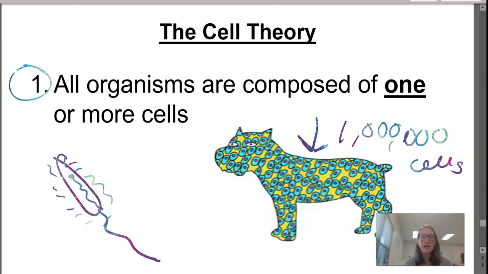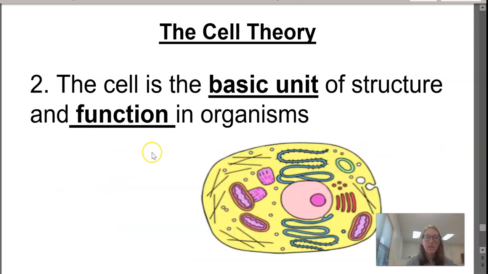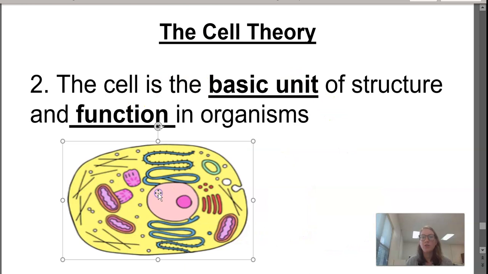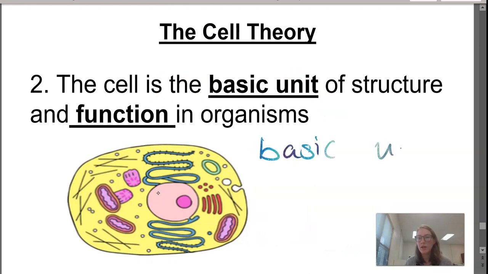They're teeny, teeny, tiny, so 1 cell, also considered living. Number 2 for the cell theory, a cell is the basic unit of structure and function in an organism. It's the basic unit of life. Basically, there isn't anything smaller. There's nothing smaller than a cell that can be considered living.